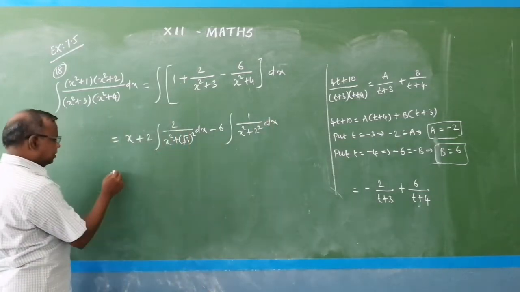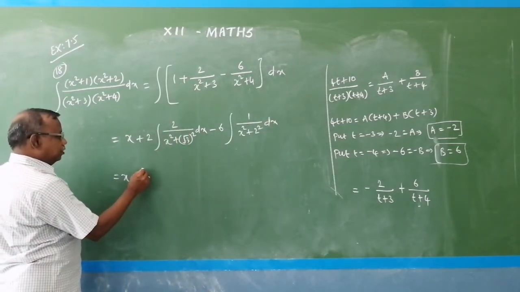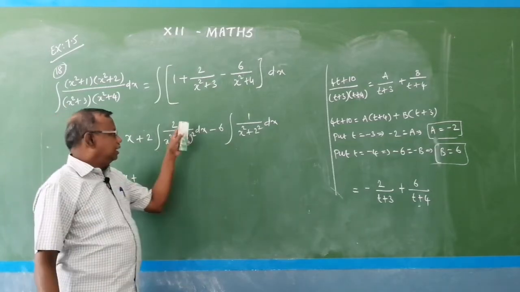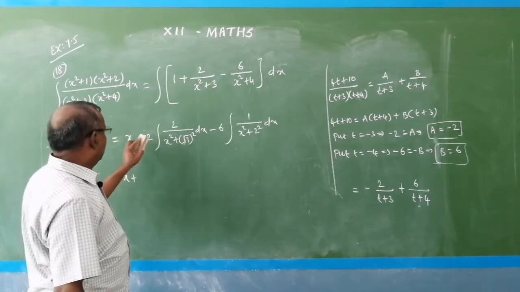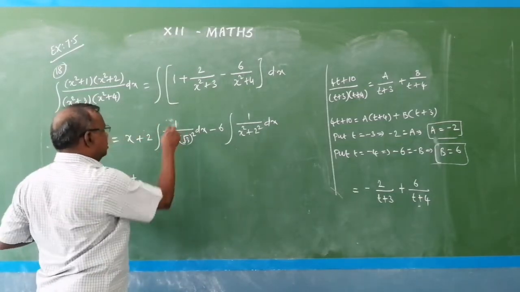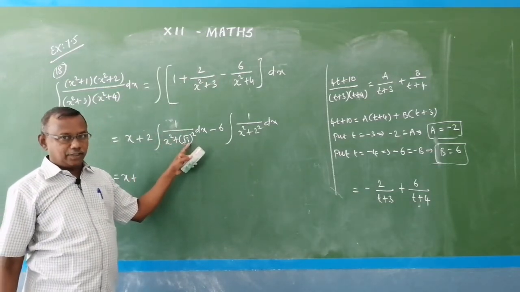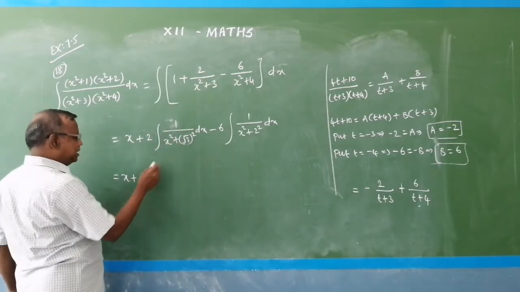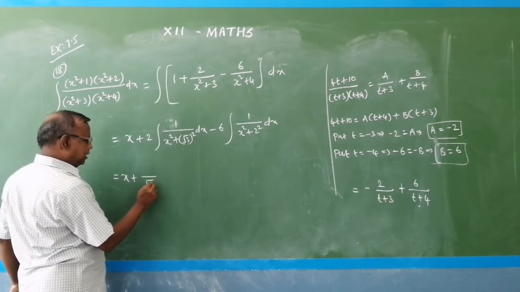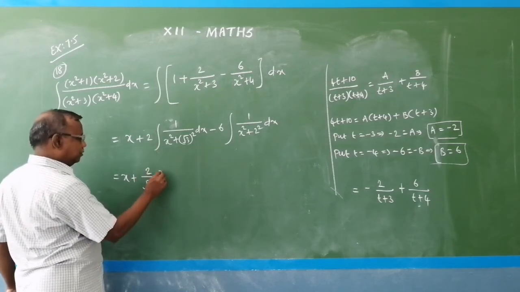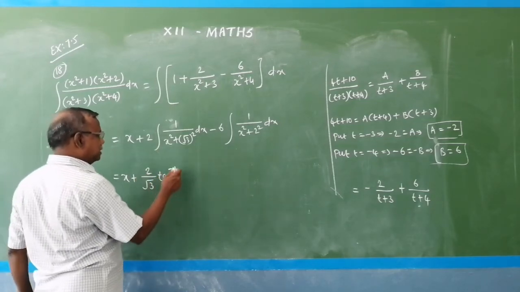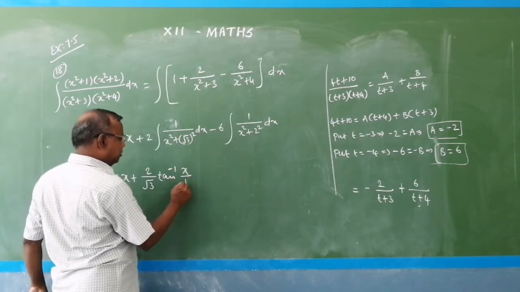So this is equal to x plus, we have a formula: 1 by (x square plus a square) is equal to 1 by a into tan inverse of x by a. 1 by a means 1 by root 3, and we already have 2, so it is 2 by root 3 into tan inverse of x by root 3.